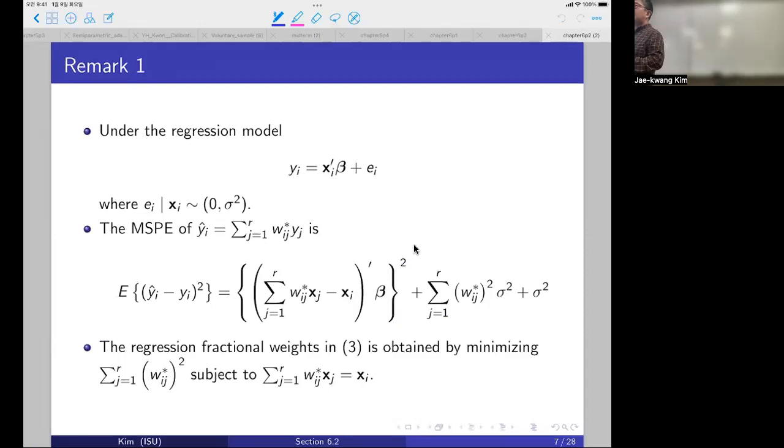How to show this? These x's are given, and we are interested in finding w. So this is a quadratic optimization problem, I mean, a constrained convex optimization problem. So it's easy to solve.